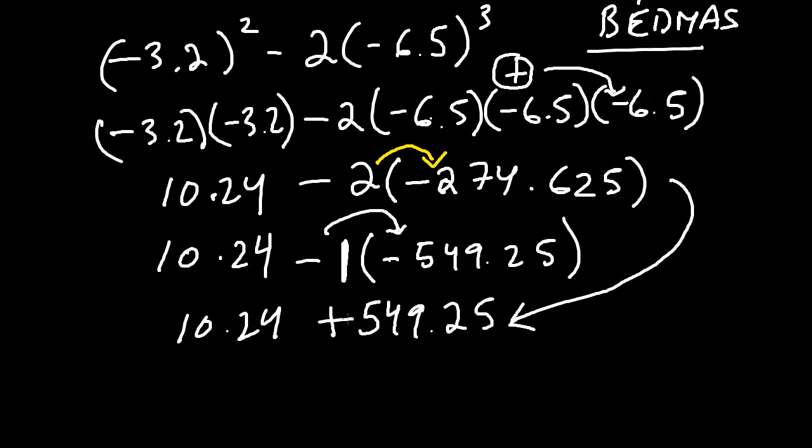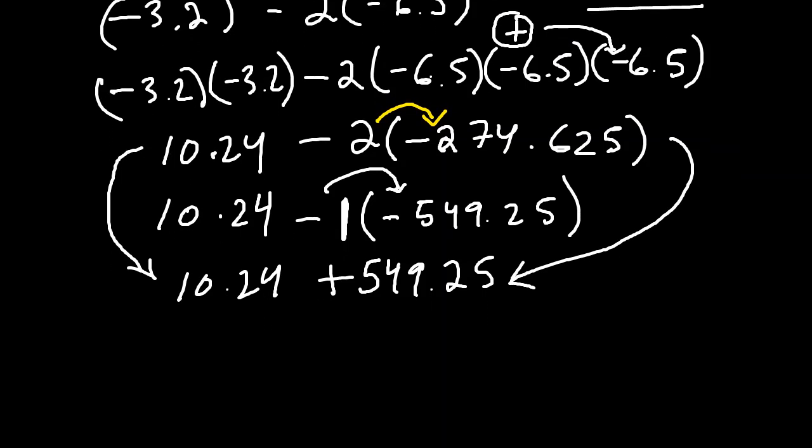And then the result of our multiplication is right here. Instead of thinking of multiplying just the 2 without the negative by the negative 274.625 and then getting negative 549.25, and then having the negative here, because this is just an extra step. You can just go from this line directly to this line. So hopefully that's clear. If that's not too clear, let me know in the comments below.